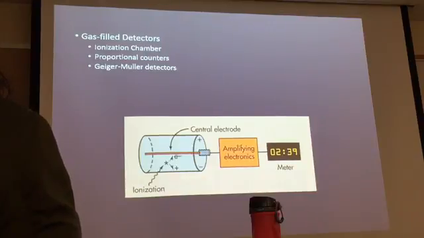Okay. And like I said before, there are many designs, many different shapes that all these devices can be built in. For example, go online today after class, it'll help you. Google it and type ion chambers, proportional counters and Geiger Muller.